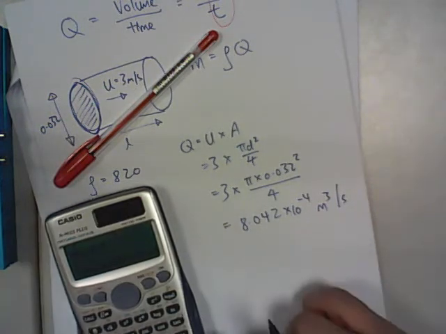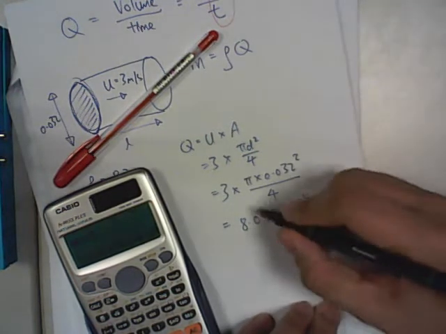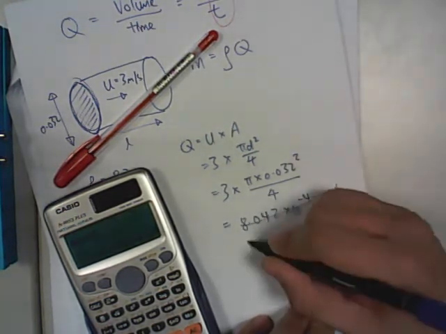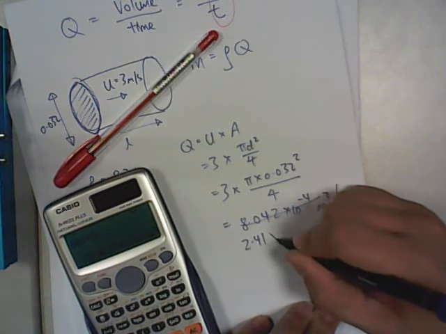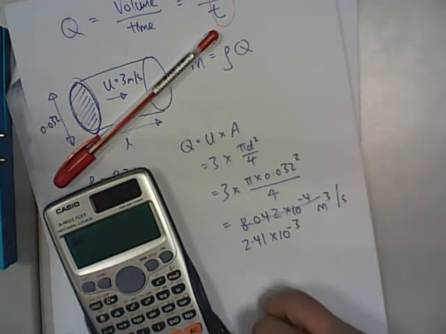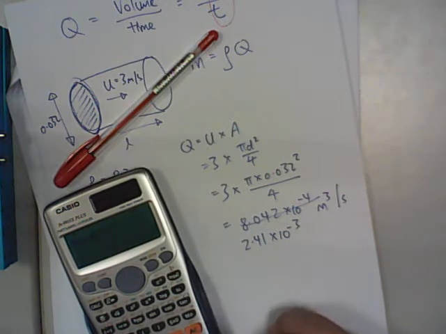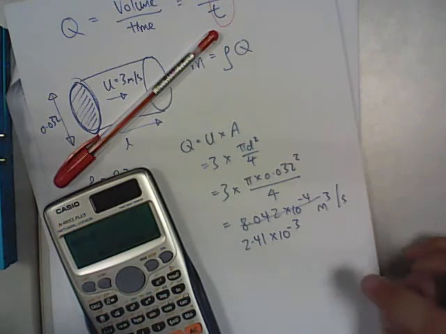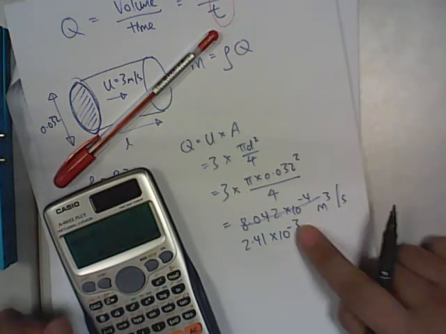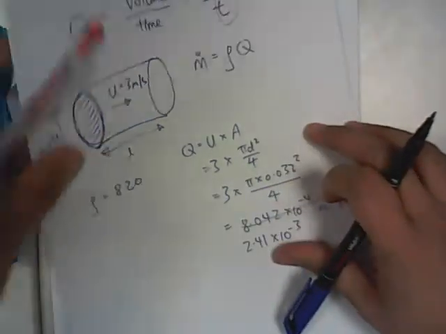No, times 3, I need to multiply by 3. So this is 2.41 times 10 to the power minus 3. Let's check again. Yes, 2.41 times 10 to the power minus 3 meter cube per second. Right?